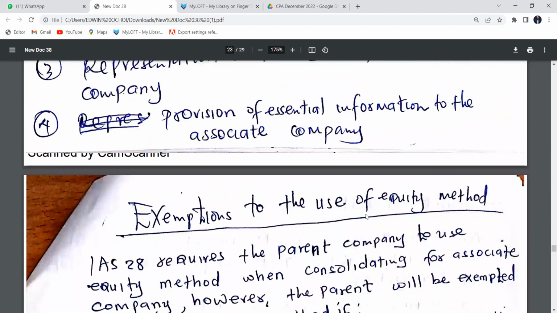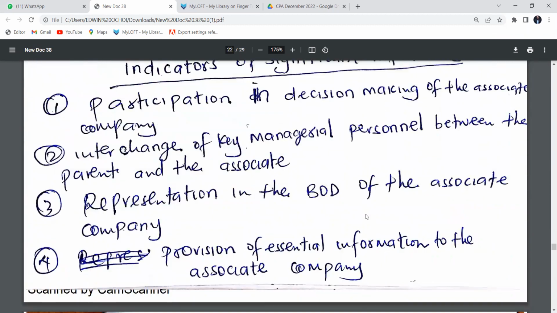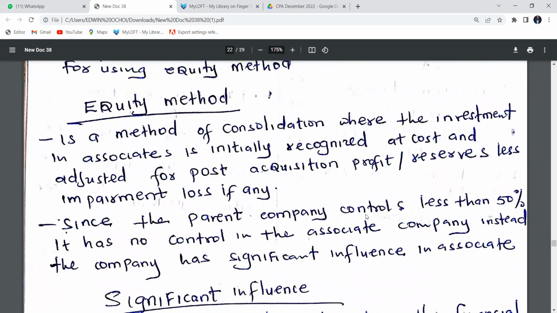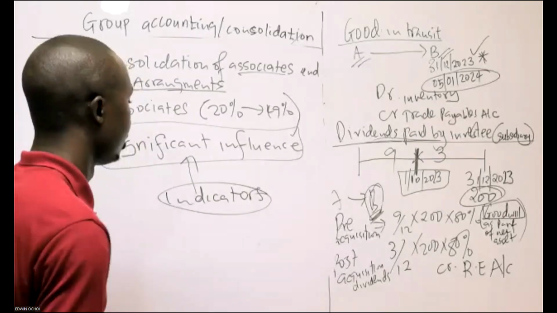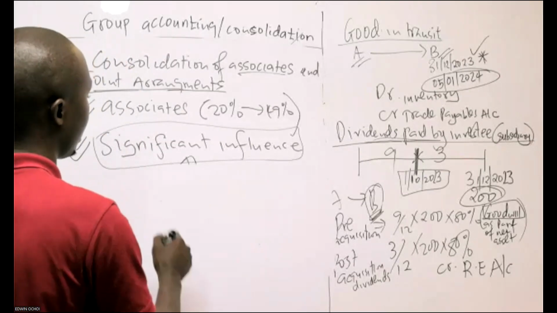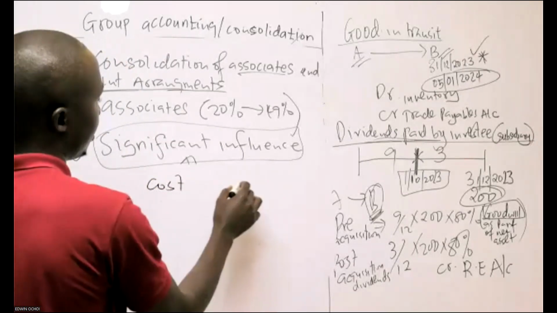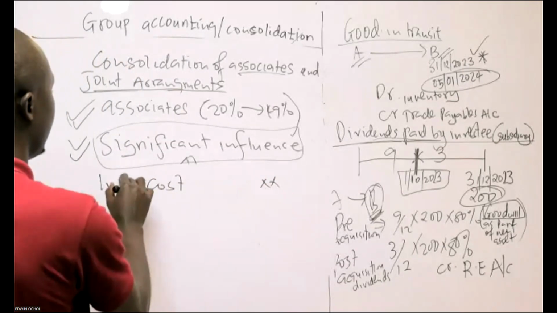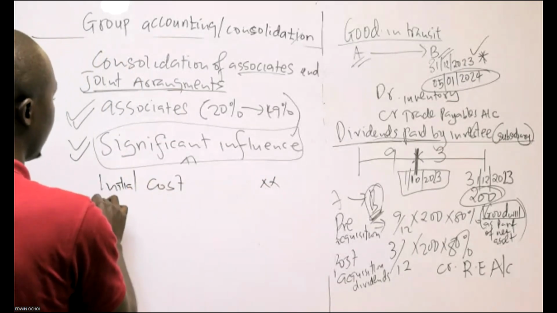When accounting for the associate, we use the equity method, where the associate is initially measured at cost. How does the equity method look? You start with the initial cost.